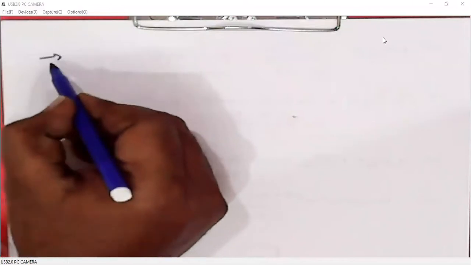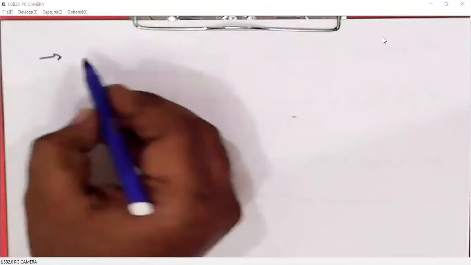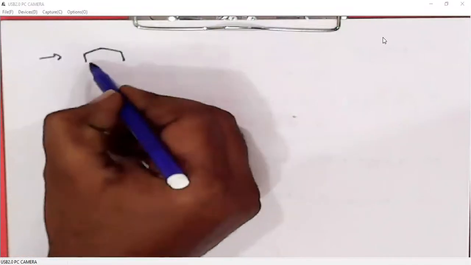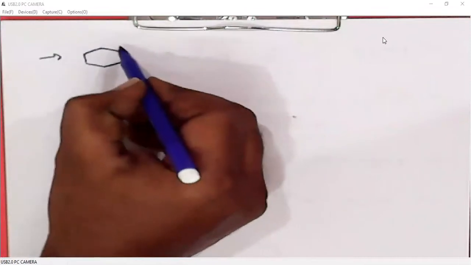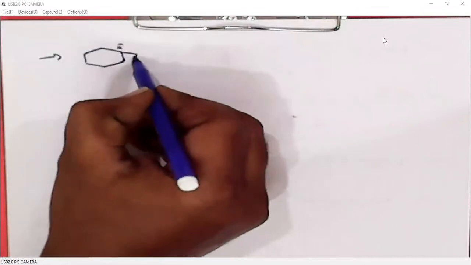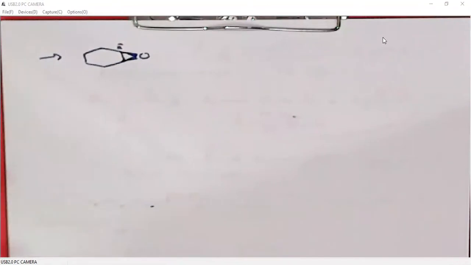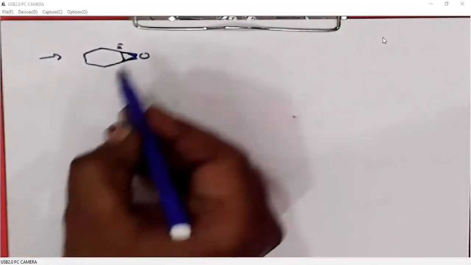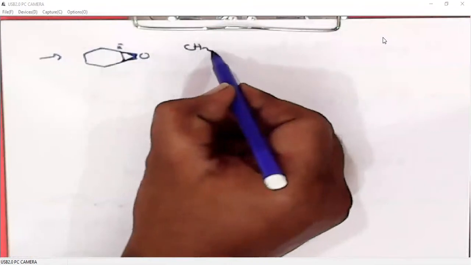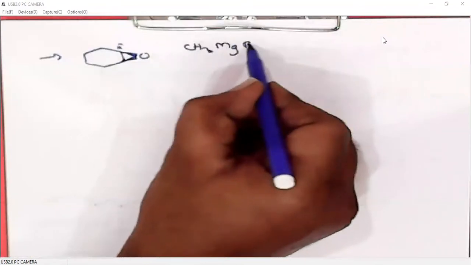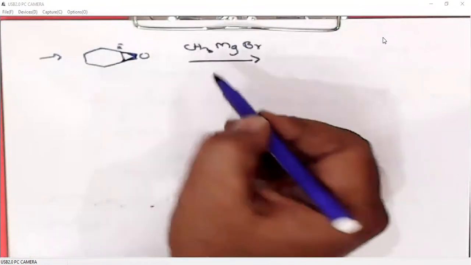Now we will discuss the reactivity of epoxides with Grignard reagents. When we have epoxides on cyclohexane, what is the stereochemical outcome of this reaction?